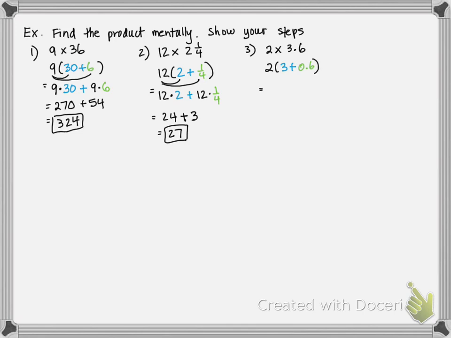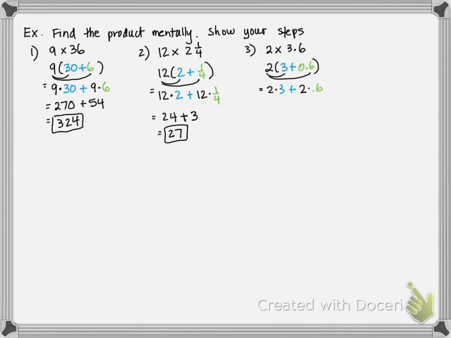So we're going to go ahead and multiply 2 times the first guy, and then plus, we're going to distribute the 2 times the 0.6. And I'm just going to write 0.6.